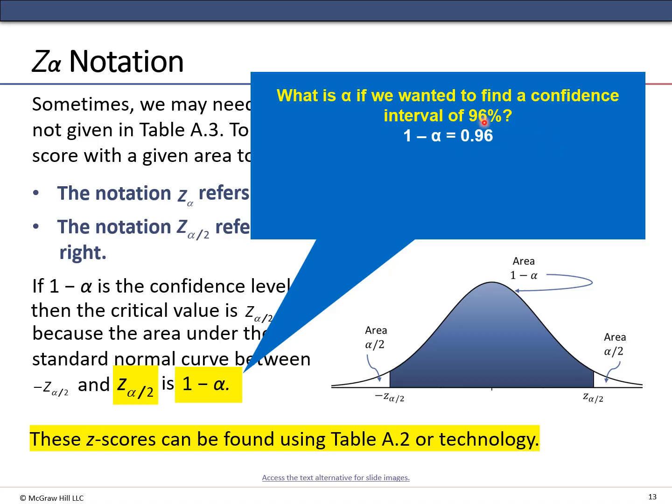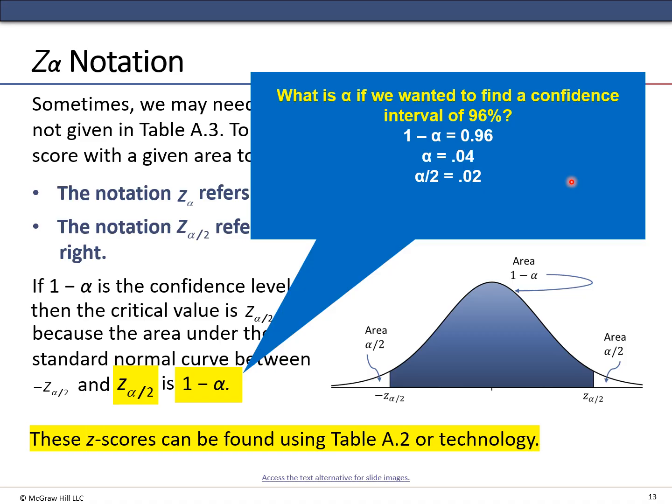I just know that if I'm looking for a confidence interval of 96%, then alpha is 4%. If I'm looking for a confidence interval of 70%, then I have 30% left, which is what alpha is. Okay. Once I find alpha, then I find alpha over 2, 0.02. And then I can use the table for z alpha over 2 to find the area to the right.